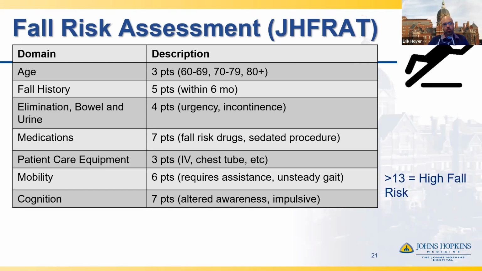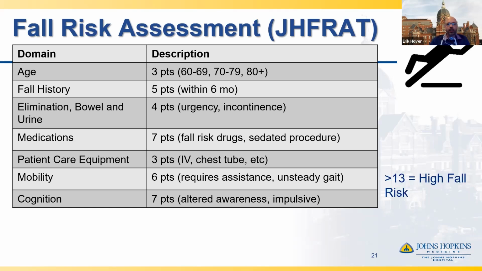They assigned points based on how they weighted what they felt was more important. So, for example, they felt that having a number of medications associated with fall risk, drugs, sedated procedures, would have a higher weight than somebody's age, for example. So that's the tool.